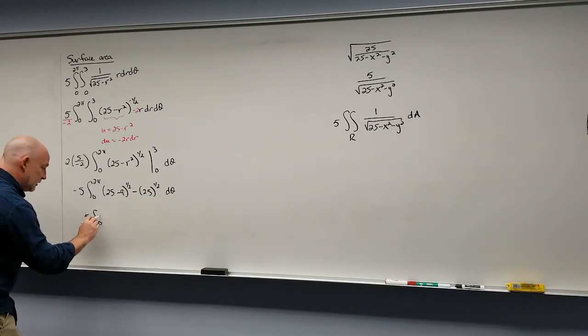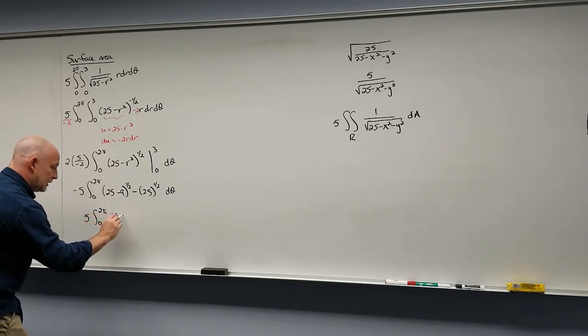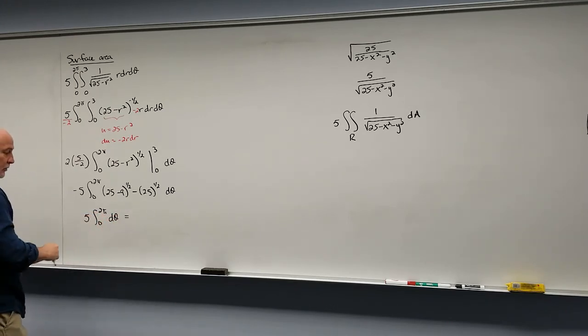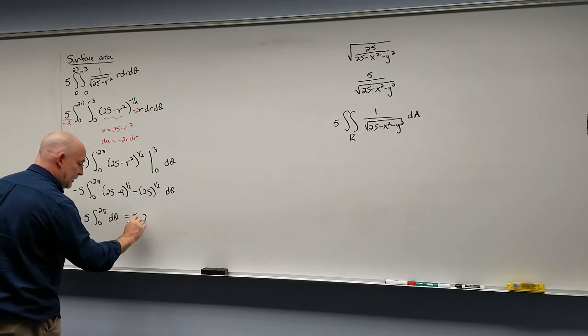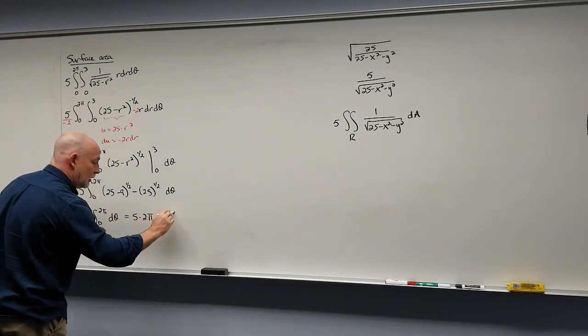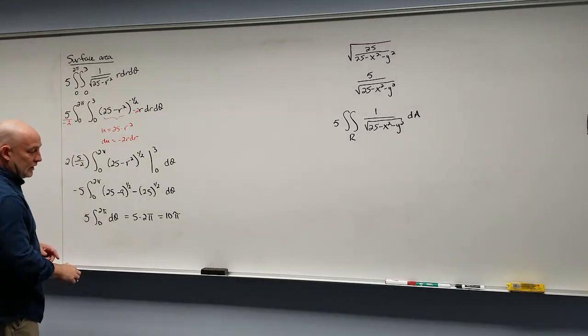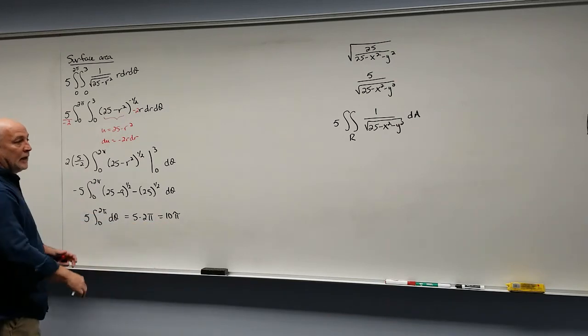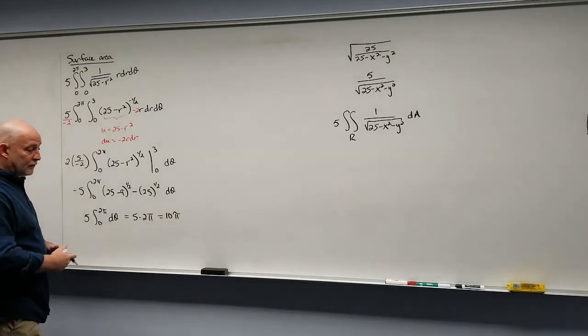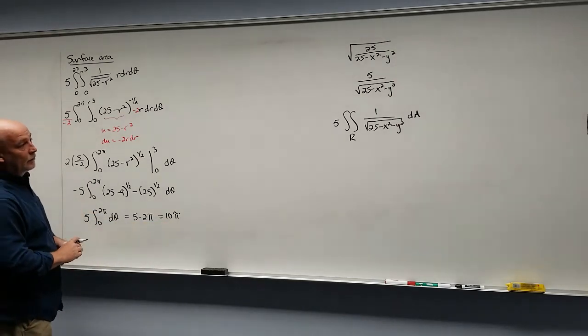So that's just the integral from 0 to 2 pi of 5 d theta. And of course, this integral here is just going to give us 2 pi, so that's 5 times 2 pi, or 10 pi. So the area of that surface above the circle of radius 3 on that hemisphere would be 10 pi something squared, feet squared, meter squared, miles squared.